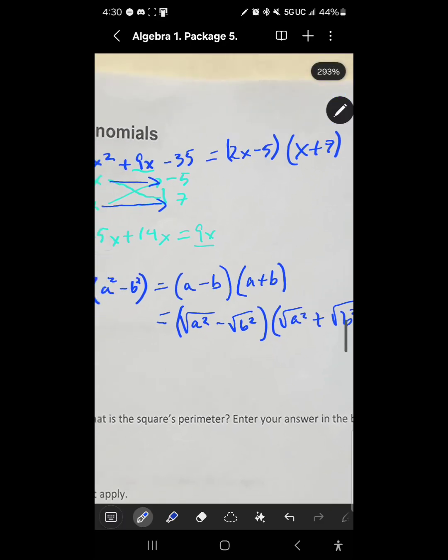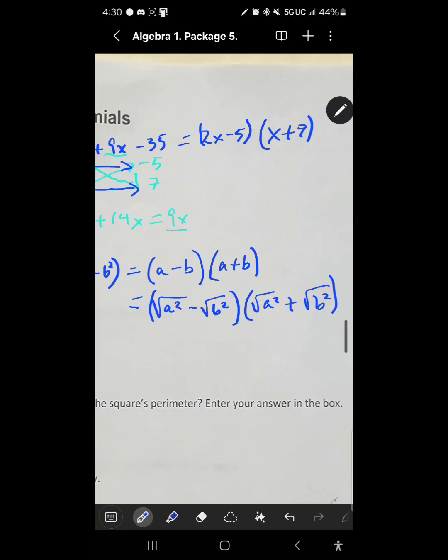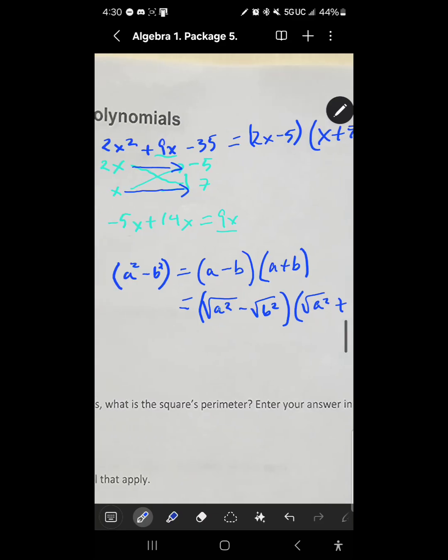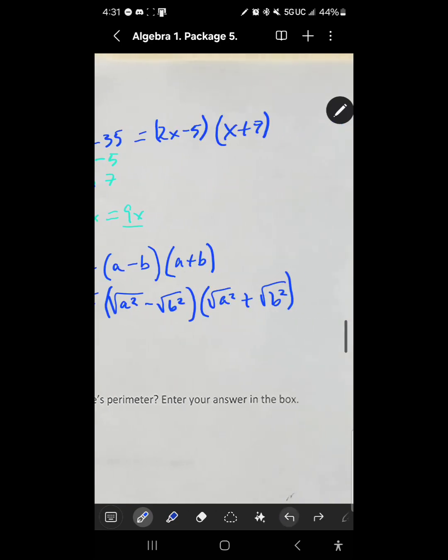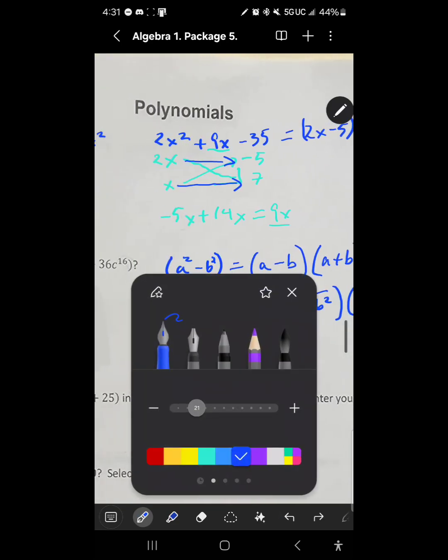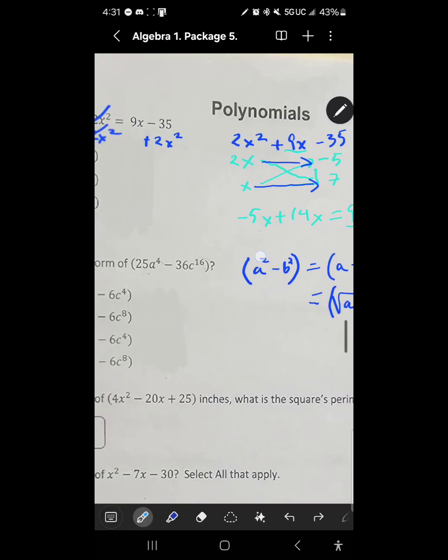Now you're going to see why I did it like that. The square root of a squared is a, and then this cancels out completely. That's the reason we generally just say this. But now I'm going to explain why I did that first.